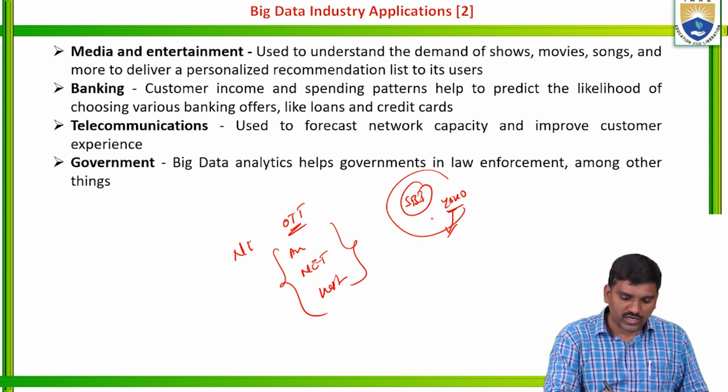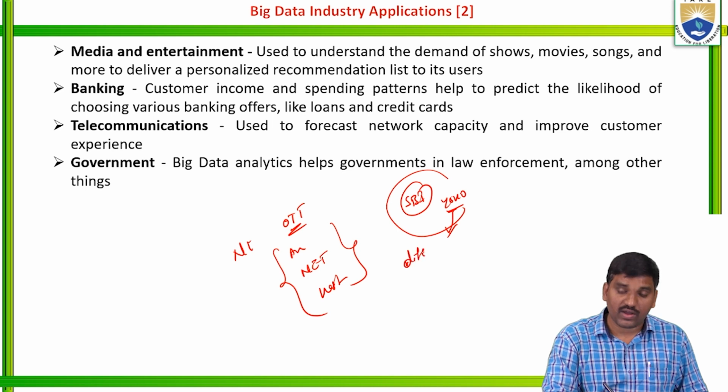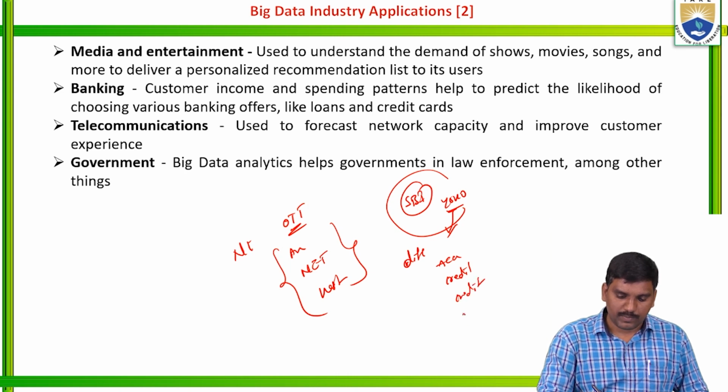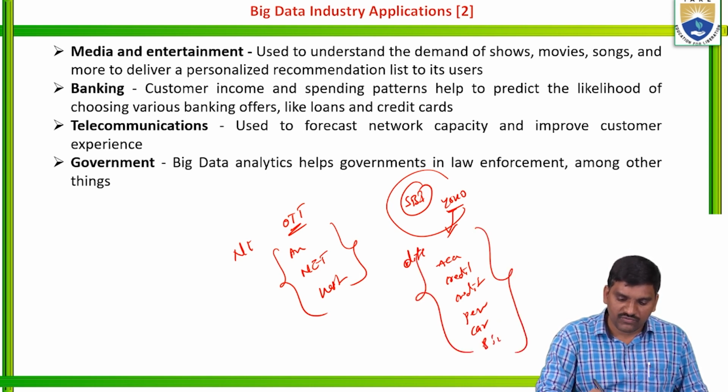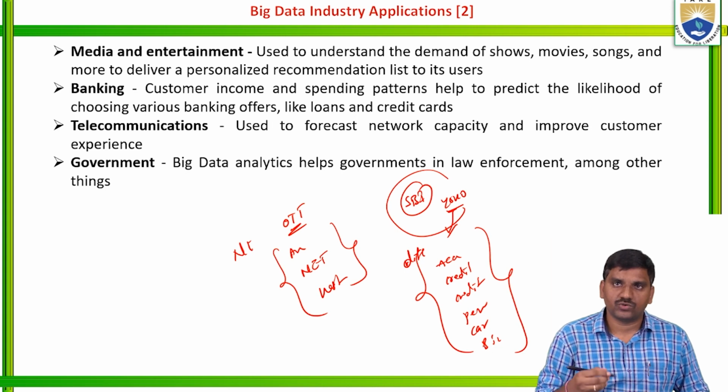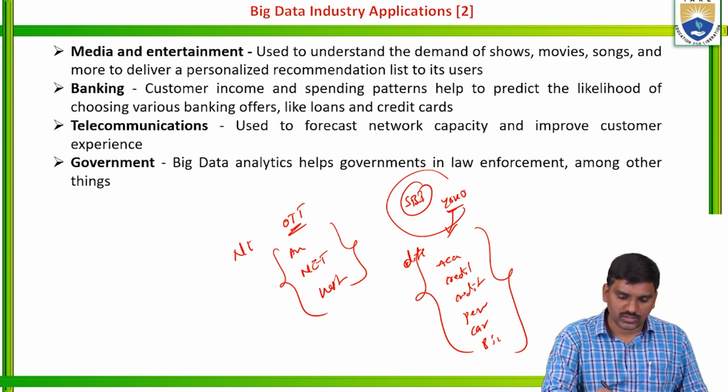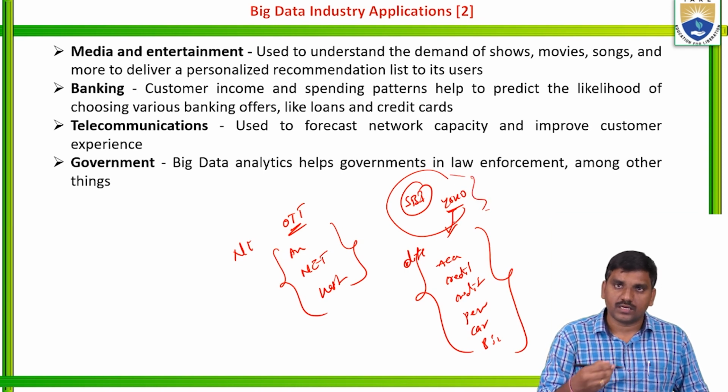Within the single app only, we have different types of services like accounts, credit loans, credit cards, personal banking, car insurance, bike insurance. Like that, in one application only, we have different types of services. So that is by using big data analytics. This is the best real-time example: the SBI Yono application.